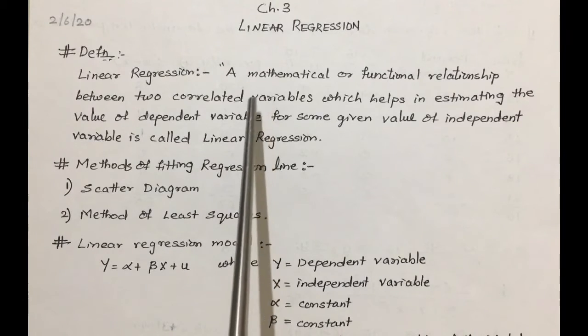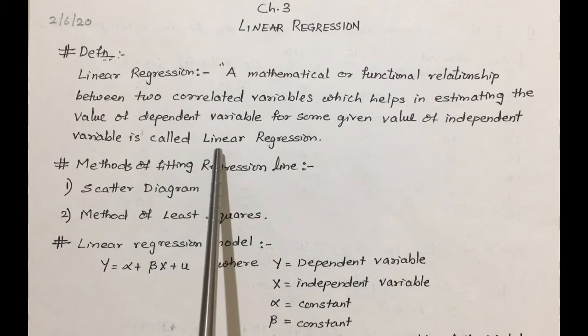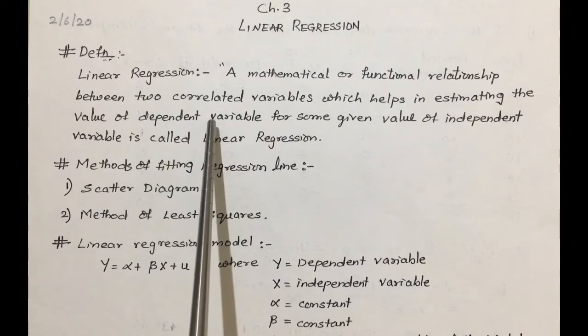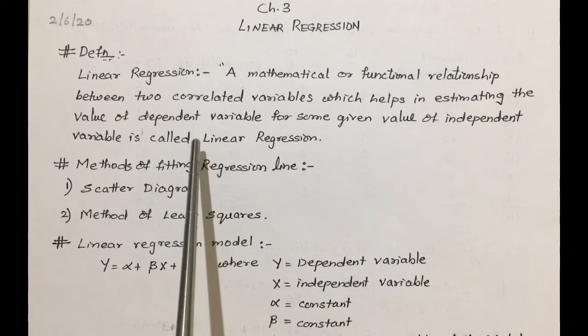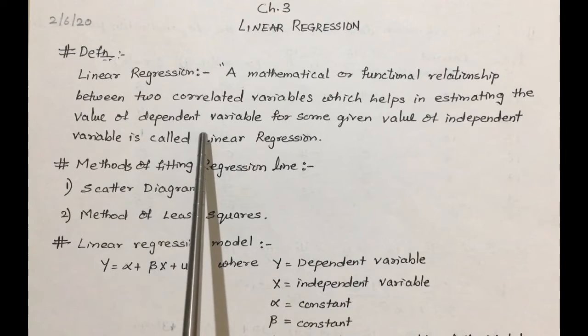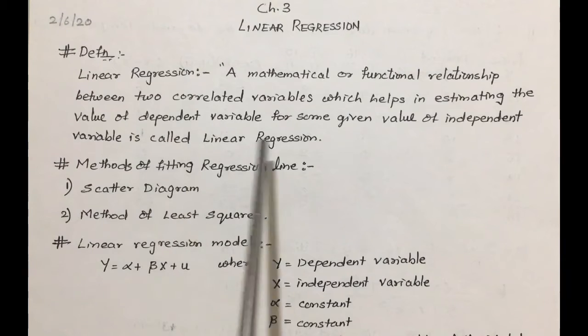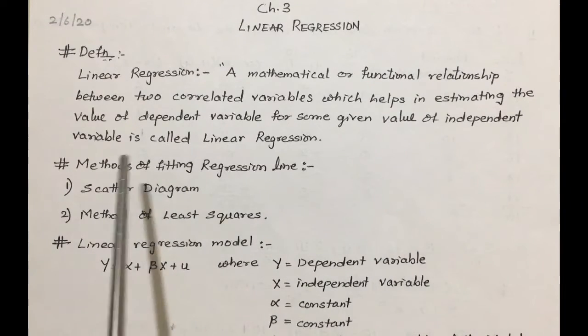So in the entire chapter, we are going to make a mathematical equation connecting the variables x and y with the constants, wherein y will be considered to be the dependent variable and x will be considered to be independent variable.